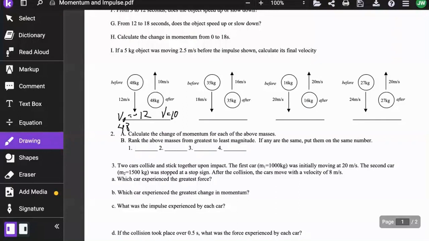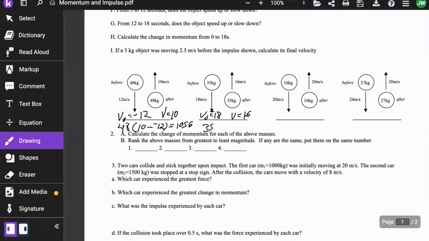If we're calculating the impulse or the change in momentum, we would have mass times the final velocity minus the initial. So 10 minus negative 12. There we get a 1,056. For the second one, the initial velocity is negative 18. Final velocity is 16.